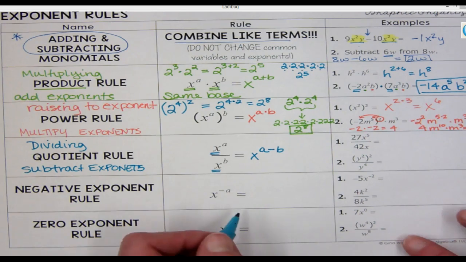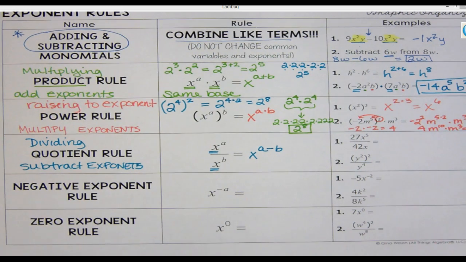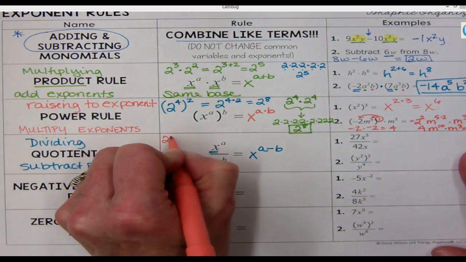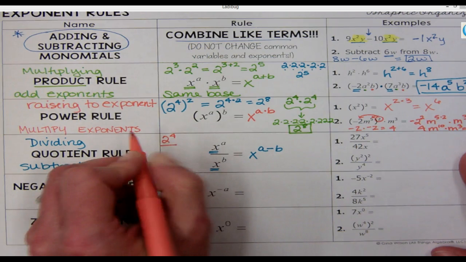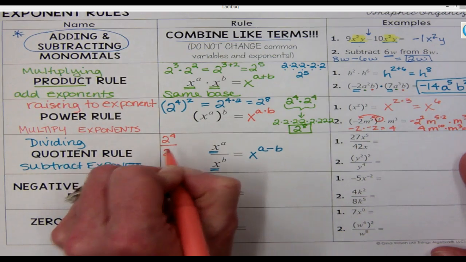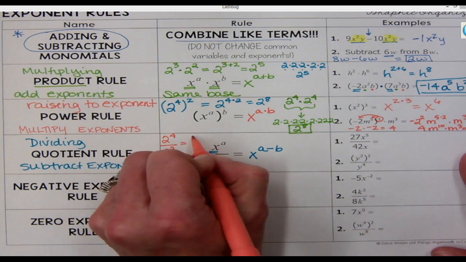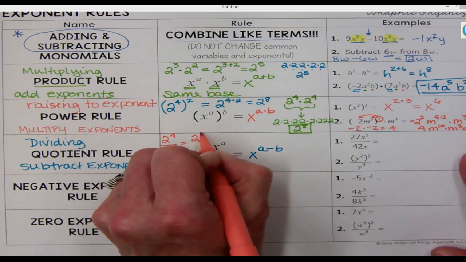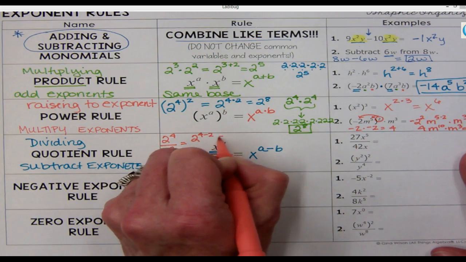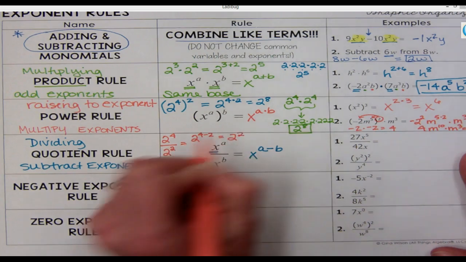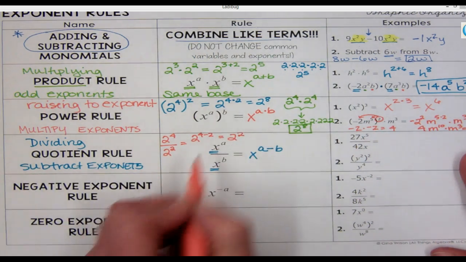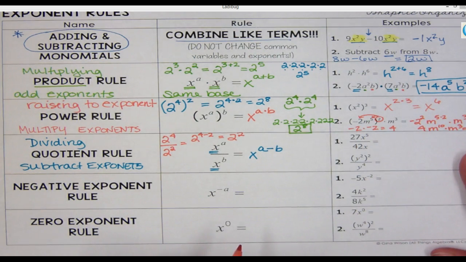So kind of going back up to our example, if we had 2 to the 4th divided by 2 to the 2nd, that's basically the same thing as 4 minus 2, which equals 2 squared. You subtract those exponents, okay?